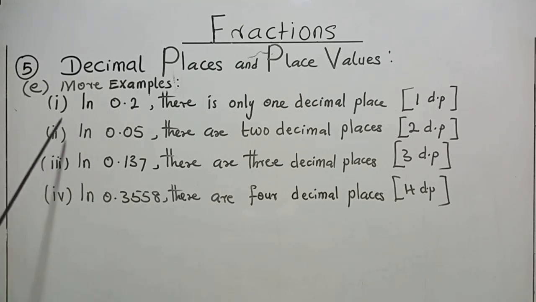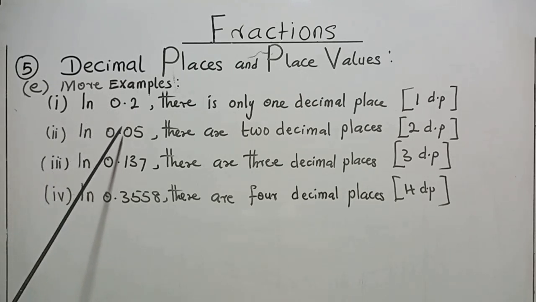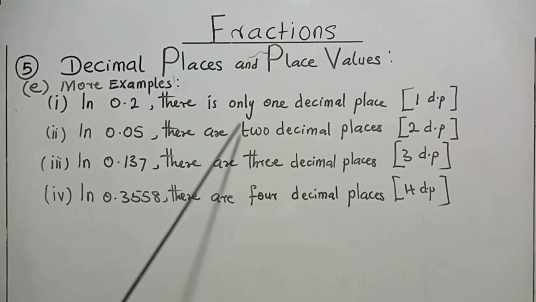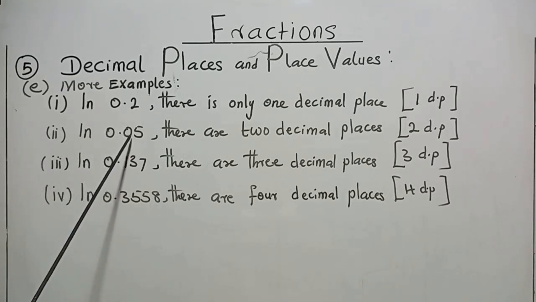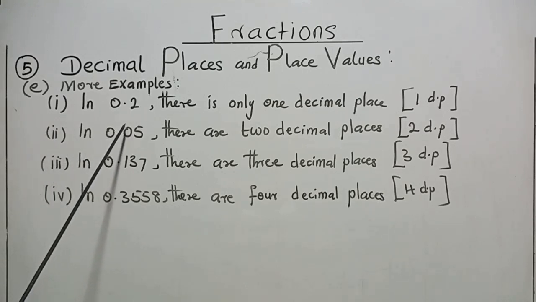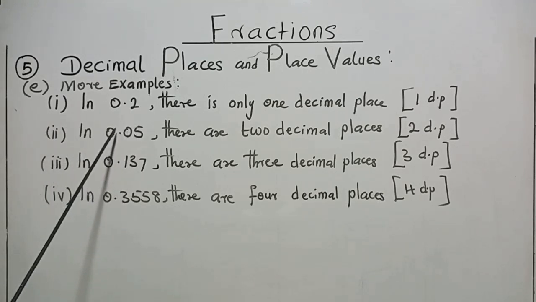Next, in 0.05, there are 2 decimal places or 2 dp. What this also means is that from whichever vulgar fraction that this 0.05 was produced, there were 2 rounds of sharing that produced this 0.05.